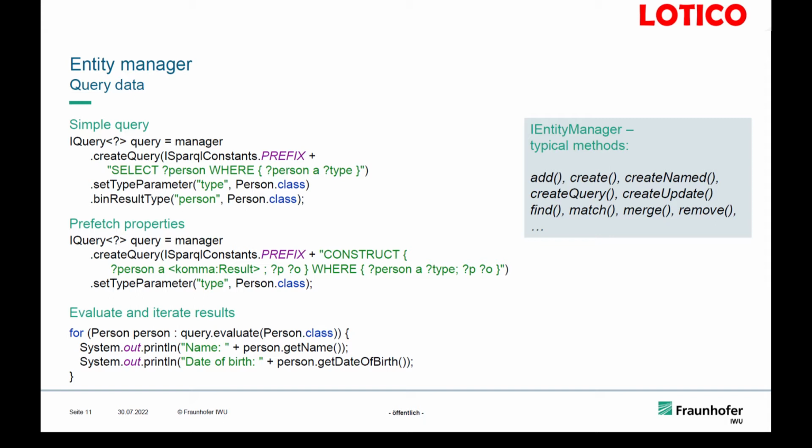But you could also leave out the person class here and use a cast to the person interface in this line here. Typical methods of the entity manager are shown on the right. You can add statements, you can create instances of interfaces, you can create queries or SPARQL updates, and you also can execute triple level operations like match or remove or something like this.